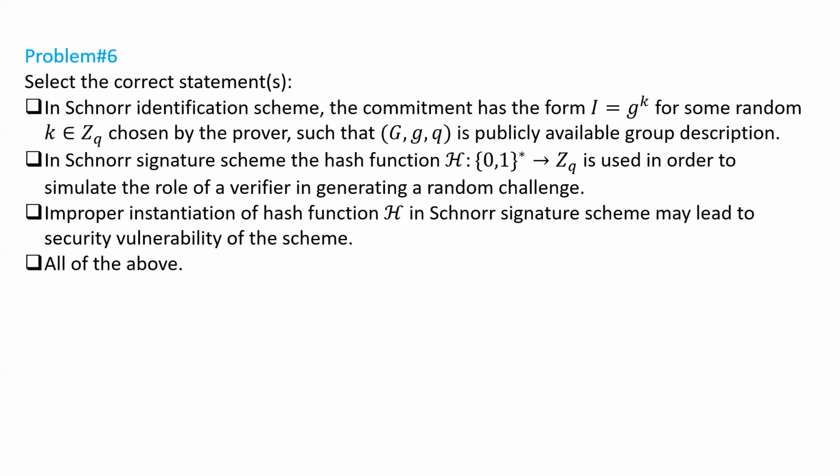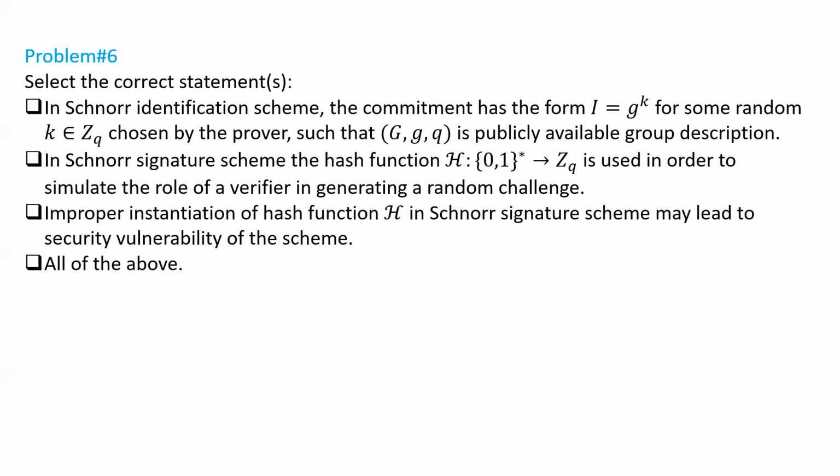The signer actually computes this hash function, but because the hash function is modeled as a random oracle, its output is never controlled by the signer. So the signer has no control over the output of this random oracle. So it has to generate a response corresponding to this random challenge which appears to be coming from some verifier which does not actually exist.